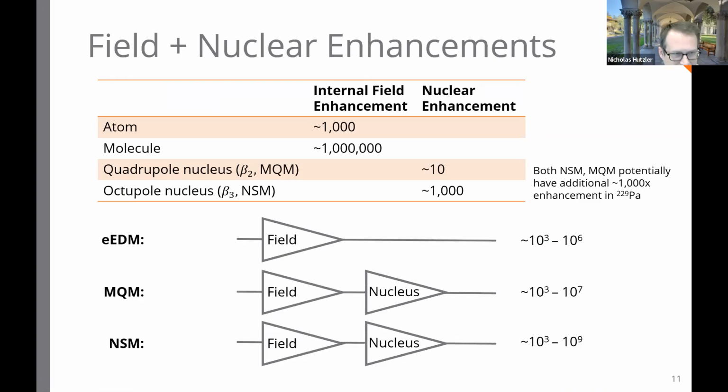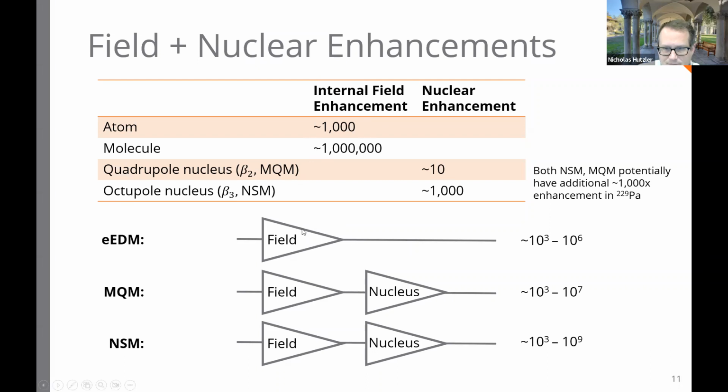And so to recap these different places that you get enhancements, it's tricky to think about sometimes, because for these nuclear things, there are both molecular enhancements and nuclear enhancements. For something like the electron EDM, you just get what I'll call the internal field enhancement, which is the fact that the electron sees a very large internal electromagnetic field.